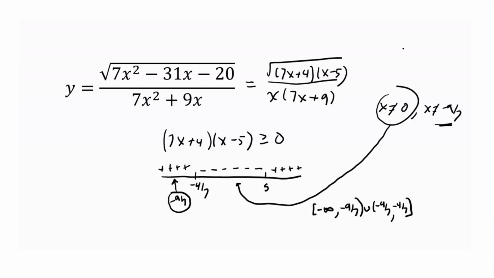Negative 4/7 would get a hard bracket because that's okay. And then the final part that I have to combine with this would be from 5 to infinity, and we would have our domain here. So that one was more difficult than the other ones.